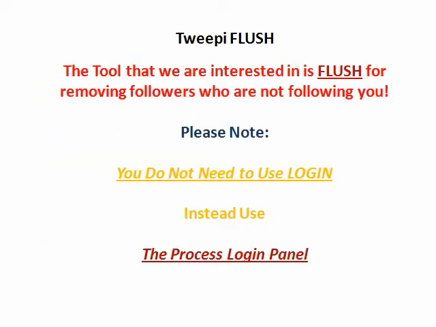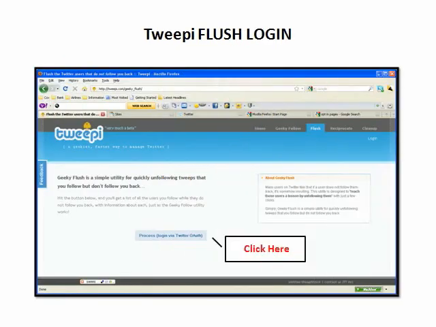Tweepi Flush is the tool we're interested in to remove people who are not following you. Please note, you do not need to use the login. Instead, use the Process Login panel. When you click on Flush in the toolbar, you're going to be taken to this page, and you'll see a Process Login via Twitter authorization account.